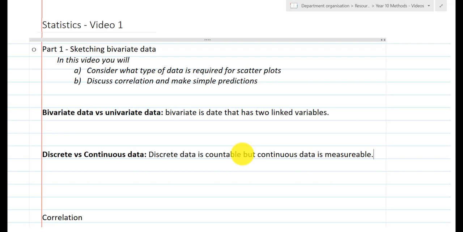So something where you get to 5 and then the next thing is 6. There's nothing in between. Whereas continuous data is measurable. So if you measure something, that'll mean it's a weight or a length or a time, then it is measurable and that will be continuous data. And it'll be important to notice that because depending on the data, it might have an effect on how you approach things.